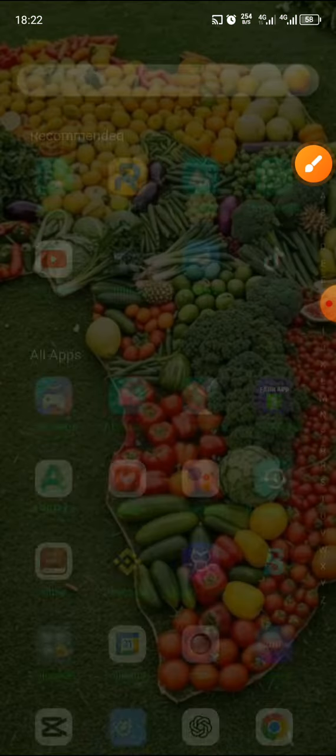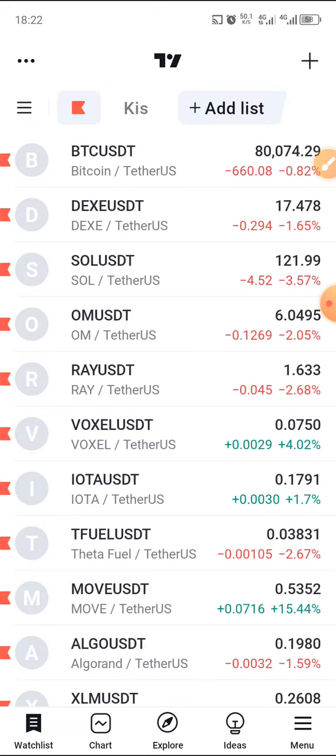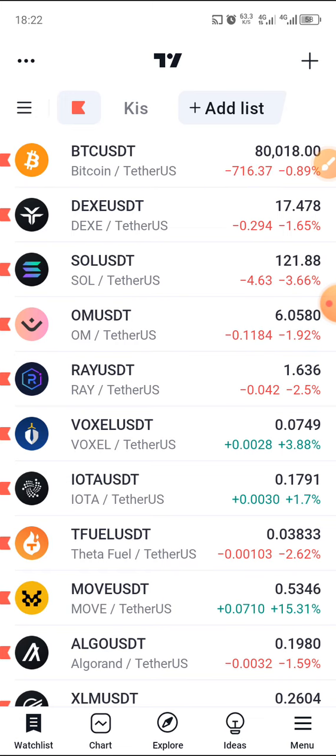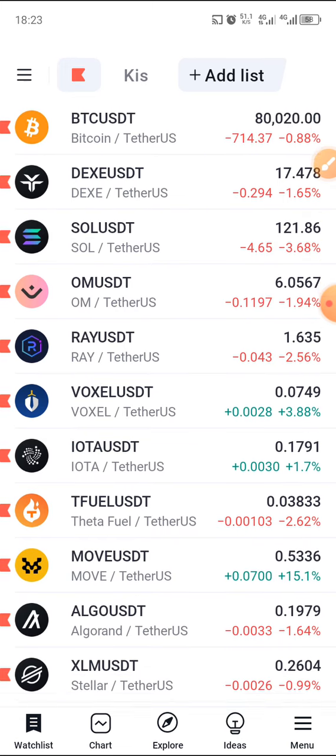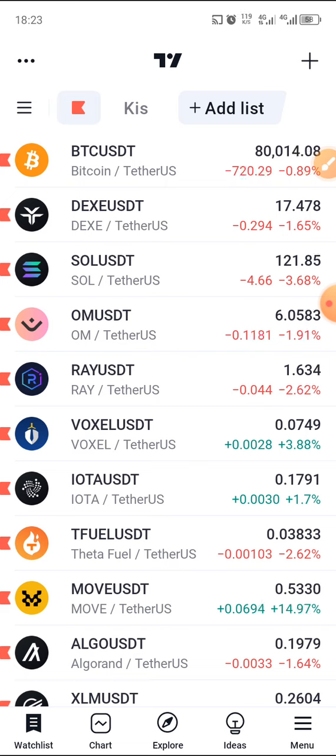Otherwise, allow me to go straight to today's lesson. I know the challenge you are facing right now, because the market is not good, you are facing a challenge of floating loss.